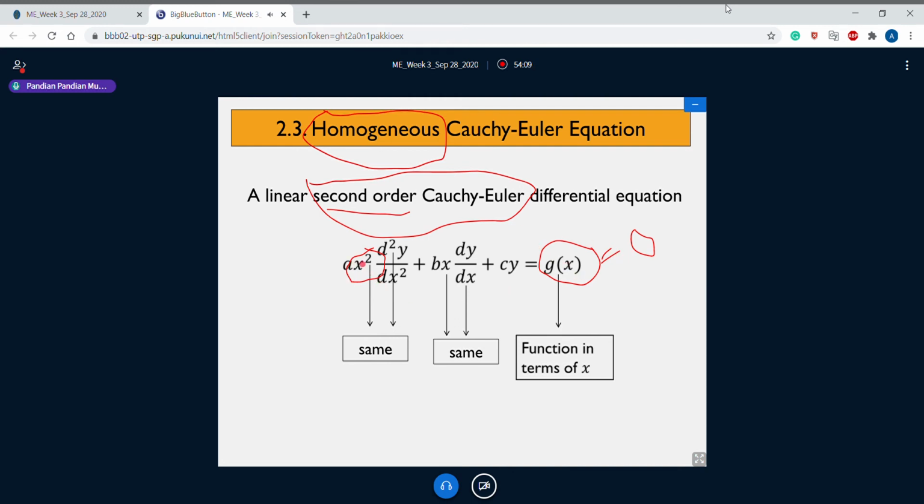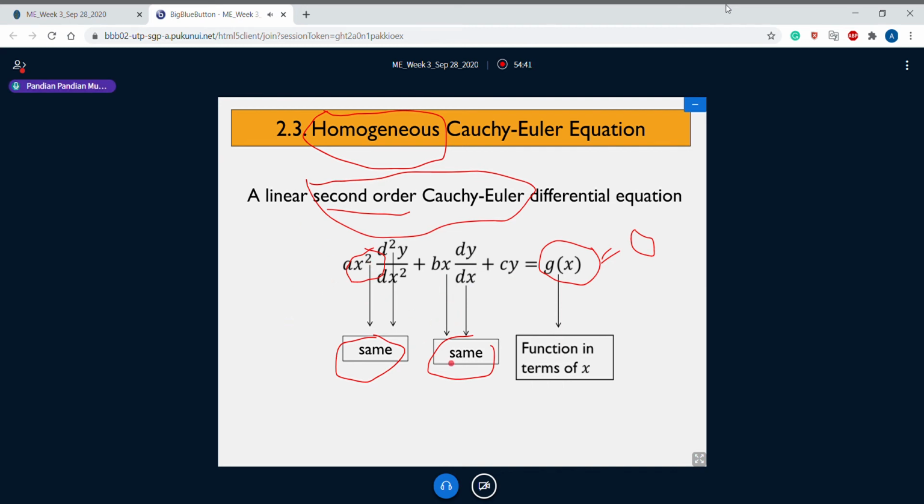But the most important thing is the power of x must be the same as the order of the derivative. x squared d^2y/dx^2 plus b x dy/dx plus c y equals g(x). So the power and the order of derivative must be the same. And this one, x dy/dx, same. a, b, c are constants, so you no need to worry.